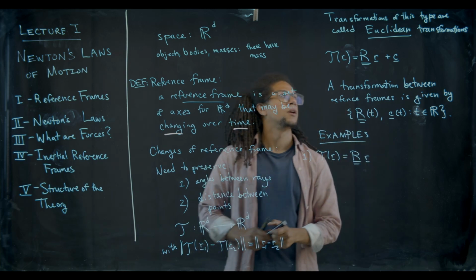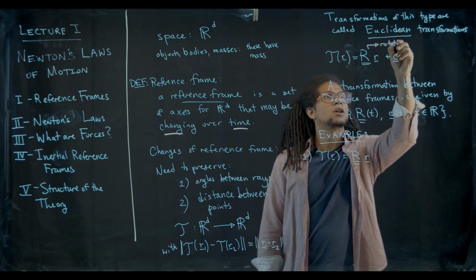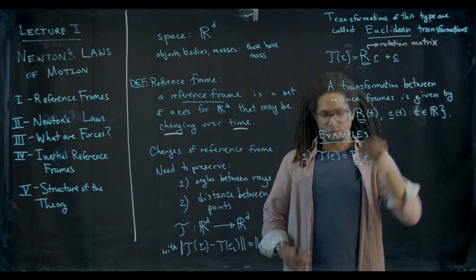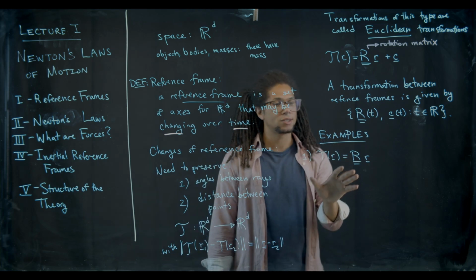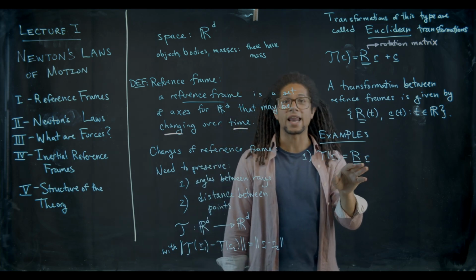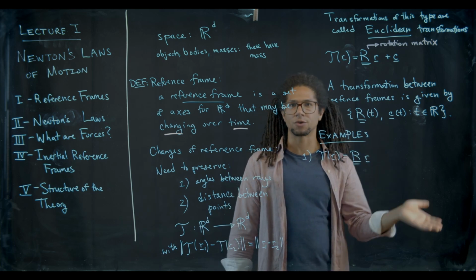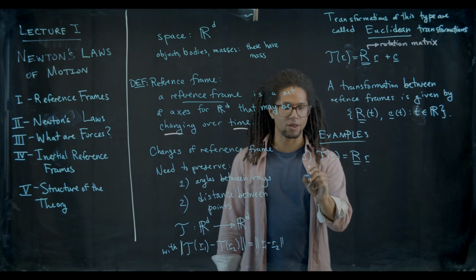So actually, let's make a little bit of a note here, just so that it's actually on the board. All right. So in this case, all that this represents is that every vector in our space is going to be rotated about the origin by some amount. All right, let's try another one.